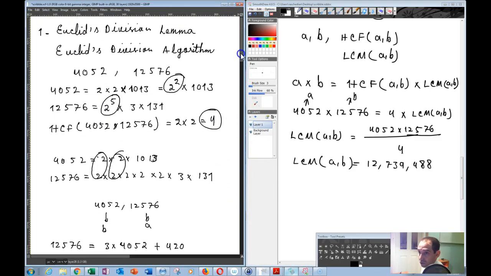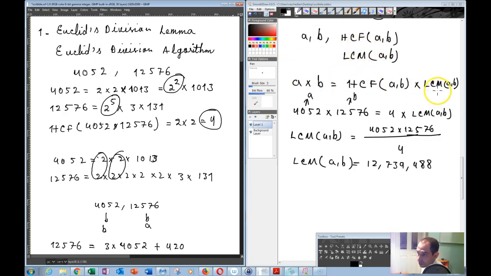Okay. So that's basically all that I wanted to talk about, and we are done. We talked about HCF, LCM, how to calculate them, the fundamental theorem of arithmetic. We talked about Euclid's division lemma and Euclid's division algorithm, and then using the algorithm, we found the HCF of two numbers.